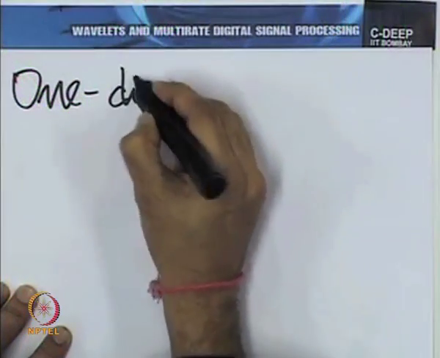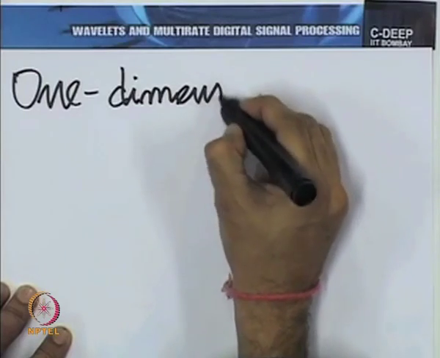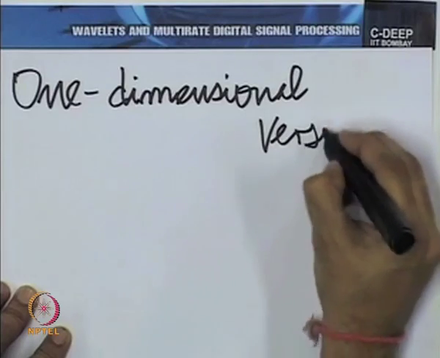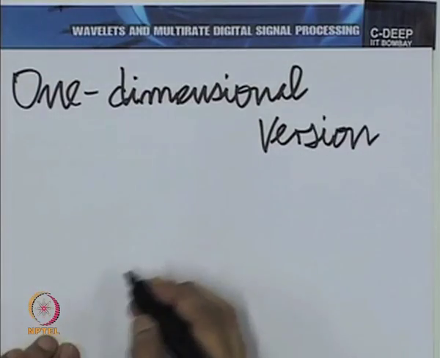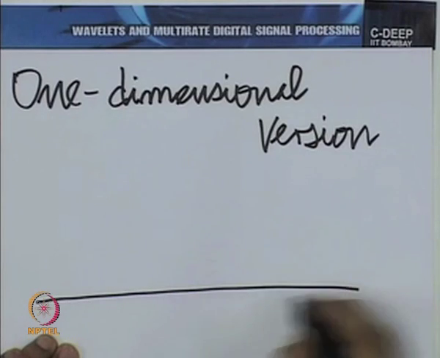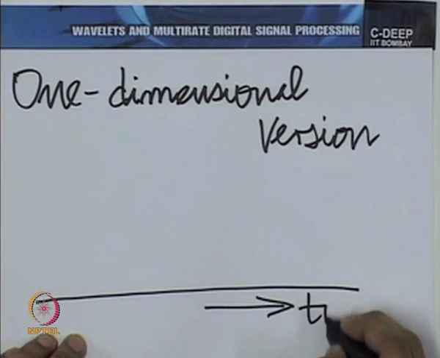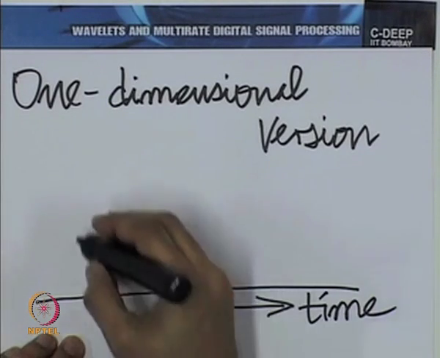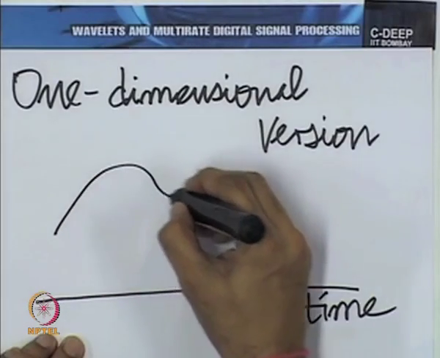So, suppose for example, you had this waveform here. So, the one dimensional version. Suppose I have this is the time axis, and I have this waveform here.